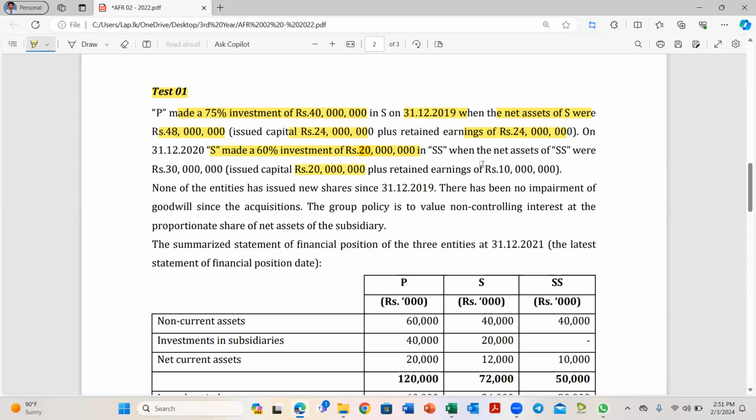Stated capital is 20 and retained earnings is 10 million. None of these entities issued new shares since 31st December 2019. There has been no impairment of the goodwill since its acquisition. The group policy is to measure NCI at the proportionate net share basis. The summarized financial position is given.